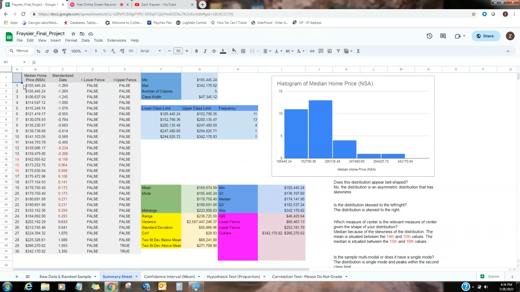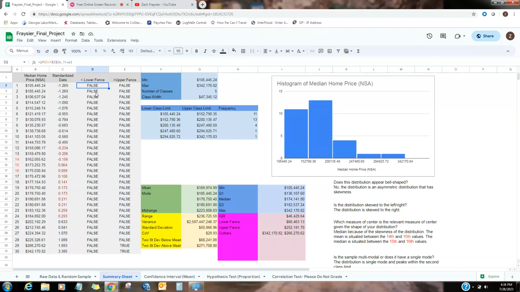So, yeah, plug those numbers in that I got, standardized it. Have a lower fence and an upper fence. That's for the outliers.